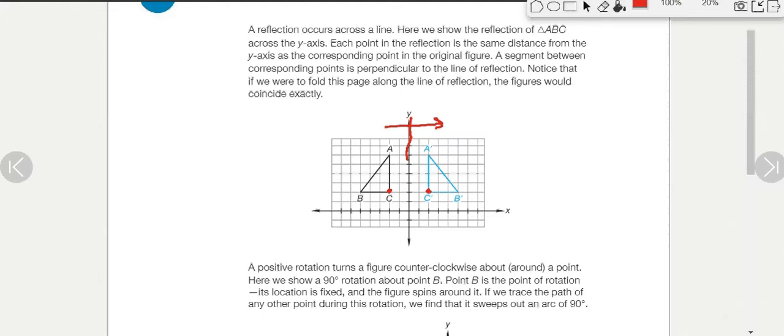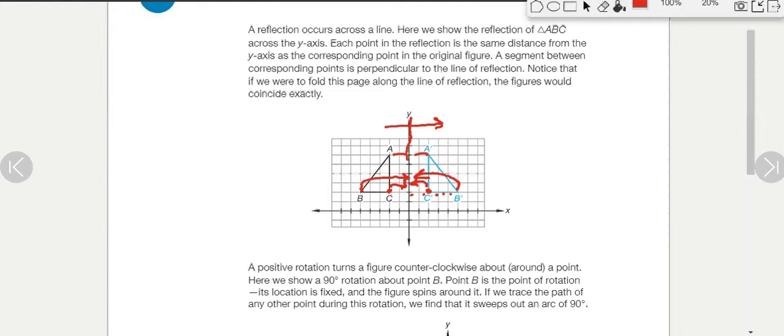Because with a reflection, the key is to maintain the distance from C to the line. Notice how C is 2 units from the line with a reflection, with the original and the new one. And then the point B is 1, 2, 3, 4, 5 points from the center line of symmetry in both. And A is 2 in both as well.